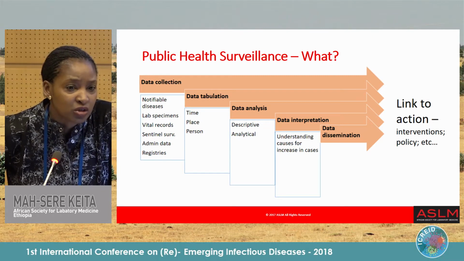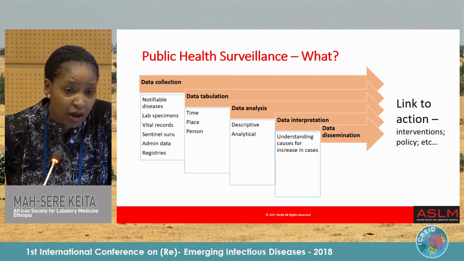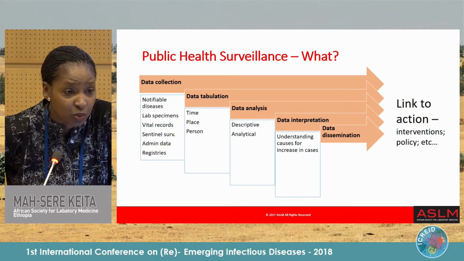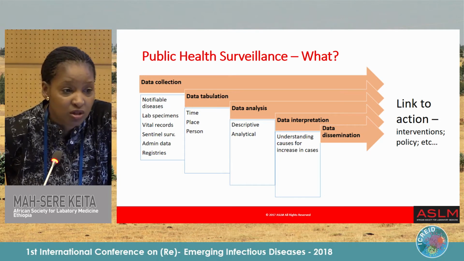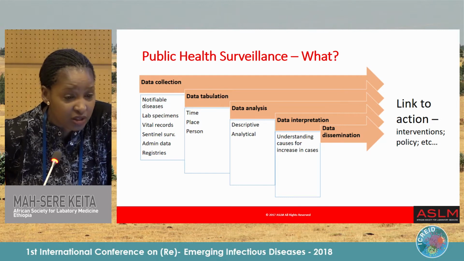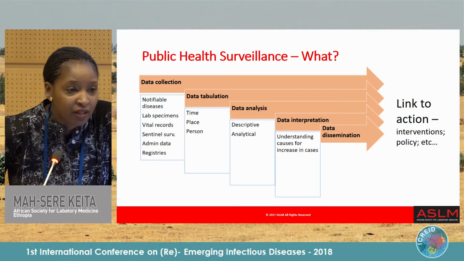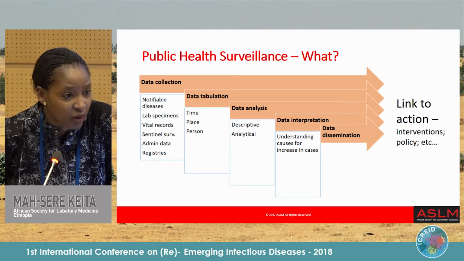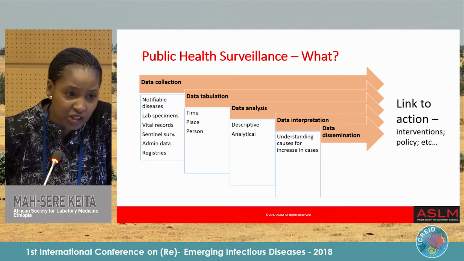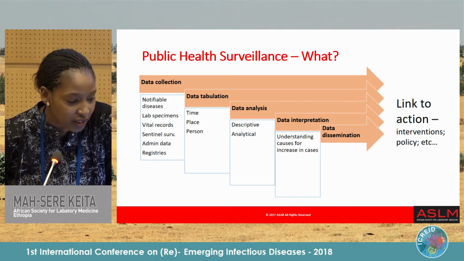And there, they usually divide it into three: the time of exposure or reporting. The place of exposure is typically the most important area, but sometimes it's just the place of reporting where the disease was first reported. And then factors related to the person who has the disease, anywhere from demographics and age and different factors so that we can identify.